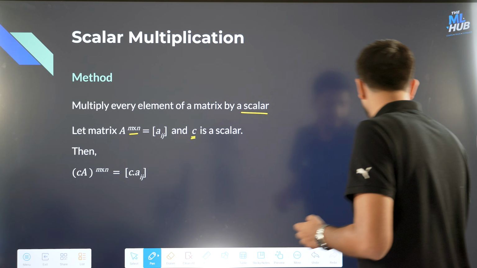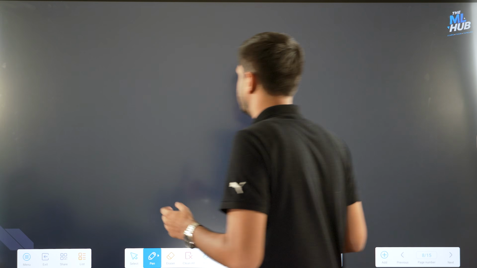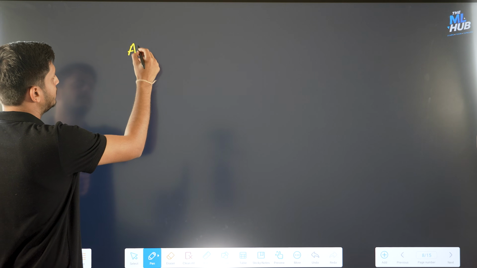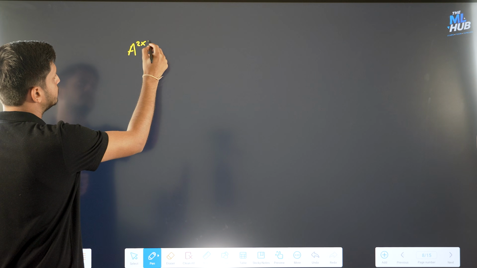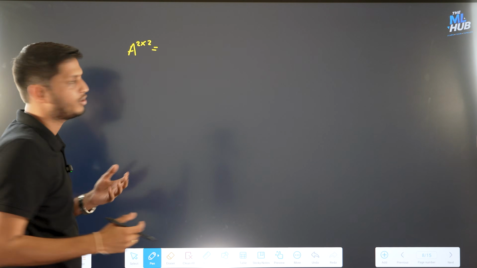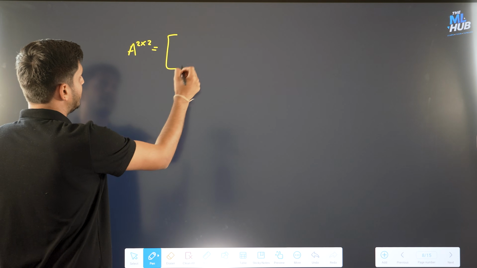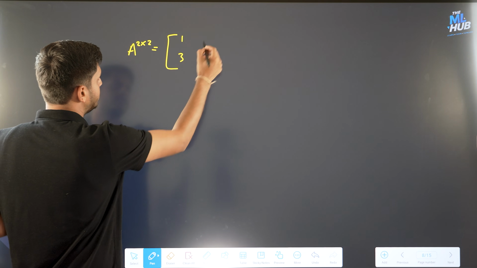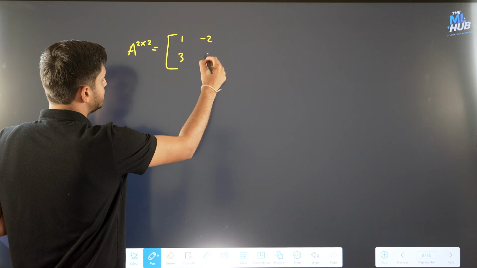So let me give you an example. It's pretty simple. Let's say we have matrix A of order 2 cross 2, and we have the elements 1, 3, minus 2 and 0.